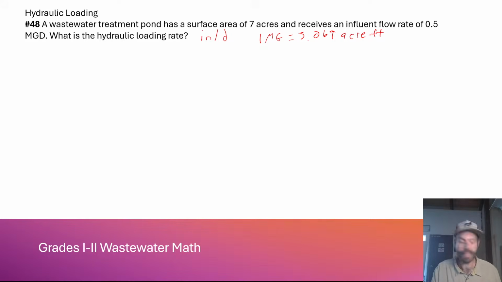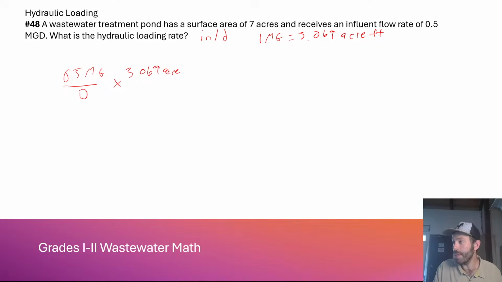So in this situation, what we're going to do is write out 0.5 mg, million gallons per day, times 3.069 acre feet.